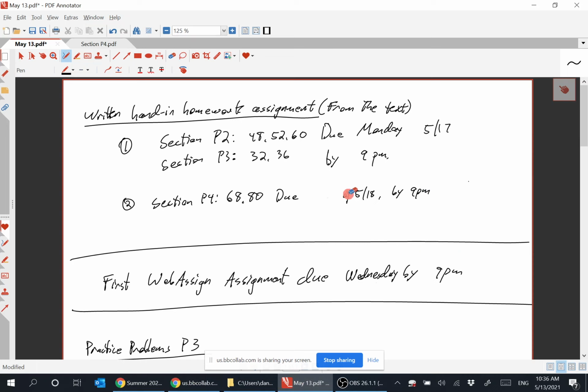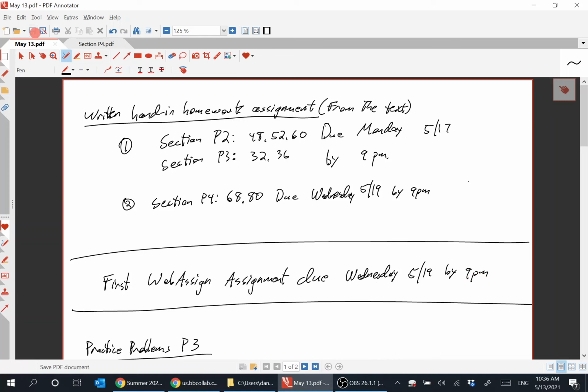WebAssign will be due Wednesday, and we'll make P4 due Wednesday as well. And everything is due at 9 p.m. For every assignment that's due, the time by which it's due will always be 9 p.m.